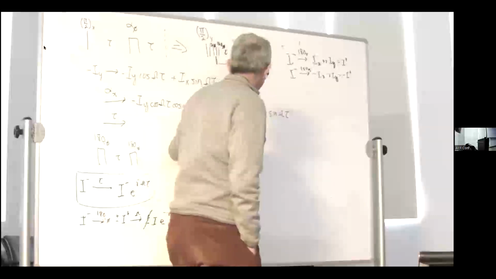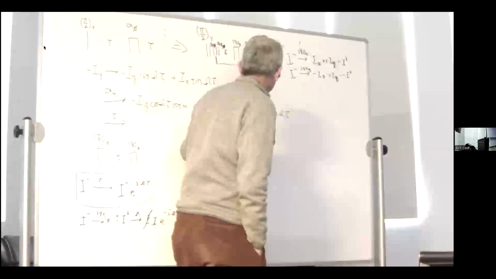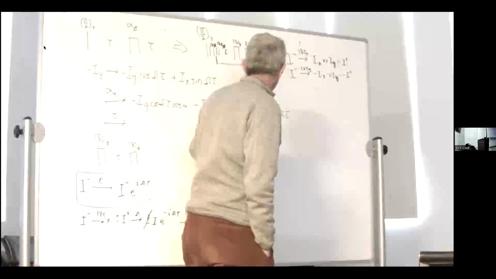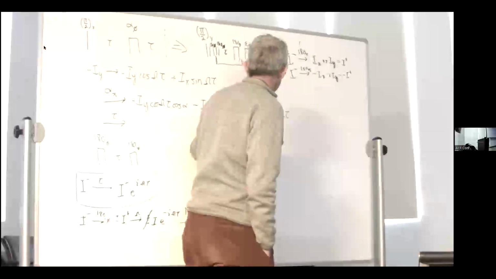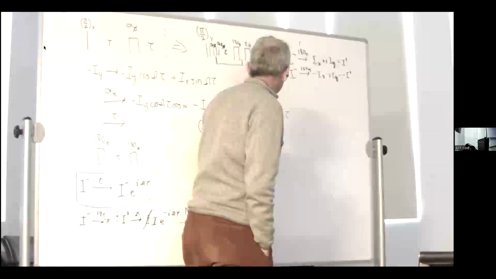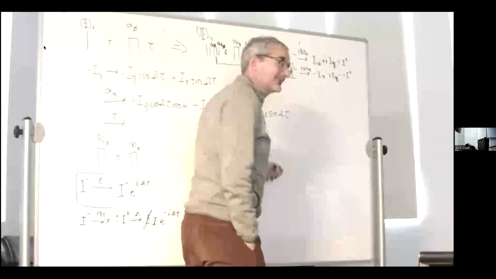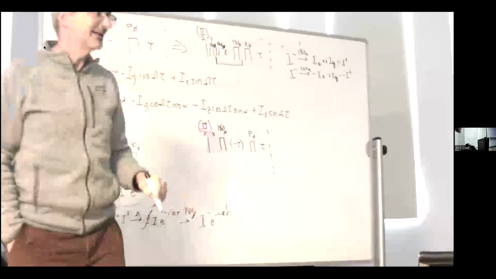So then I have negative tau, and then my pulse epsilon I followed by tau. And that calculation is going to be a lot easier to do.